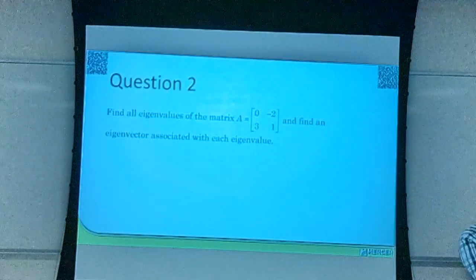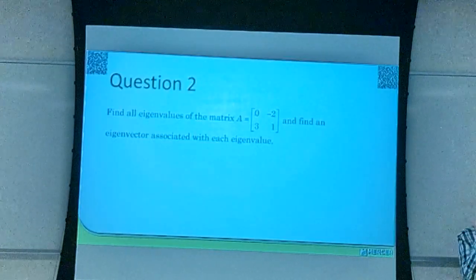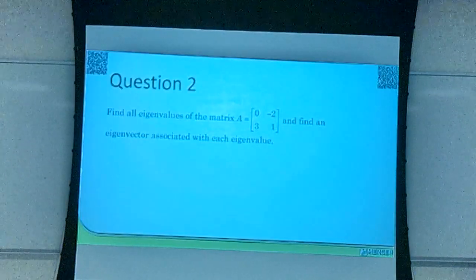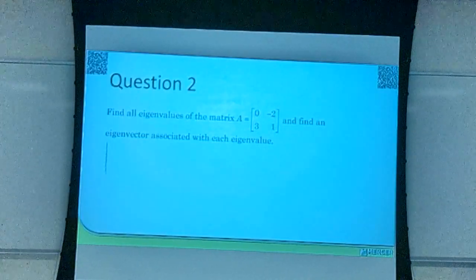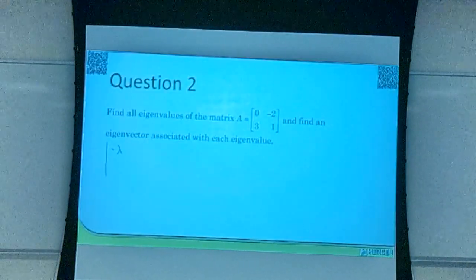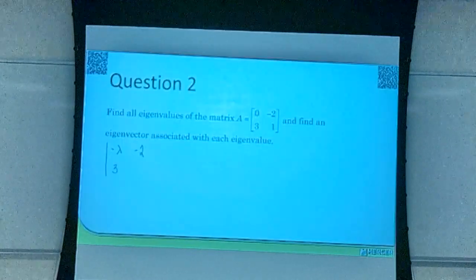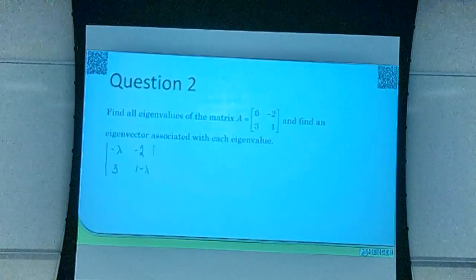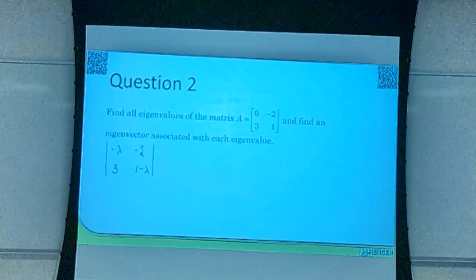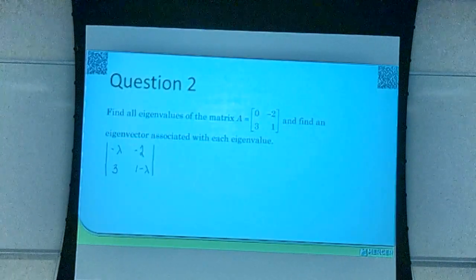Same thing, different matrix. And now I'll do the short version. That's the term we want to take, right? Negative lambda, negative 2, 3, 1 minus lambda.